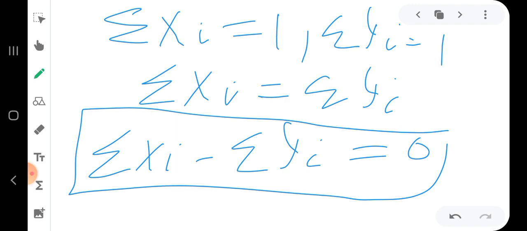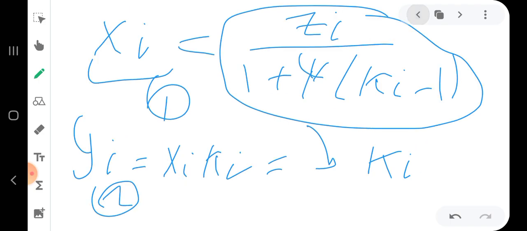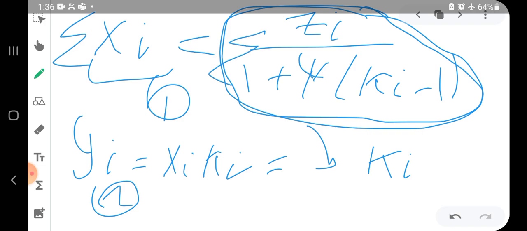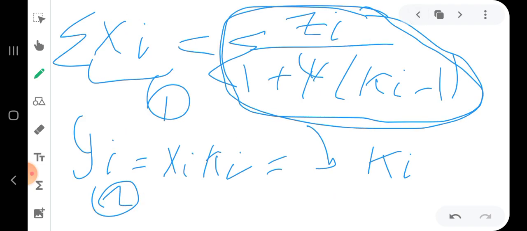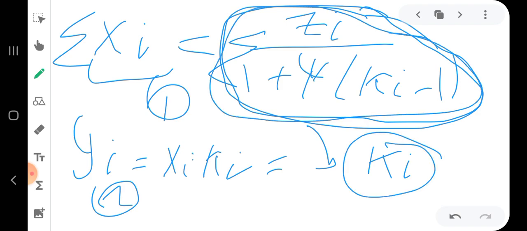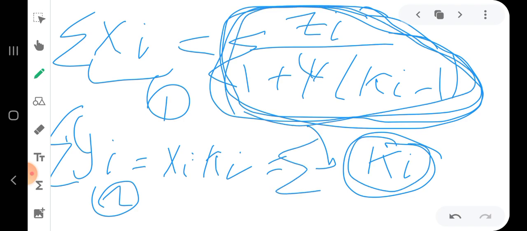So what's xi? Here is xi. So the summation of xi will be the summation of this. And what is yi? This is yi, the same quantity multiplied by Ki. So the summation of yi will be the summation of Ki multiplied by this quantity.